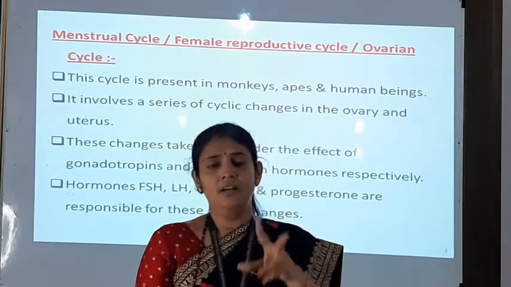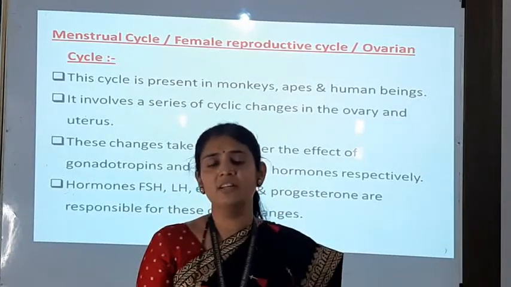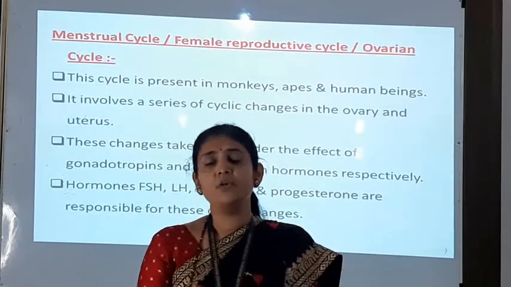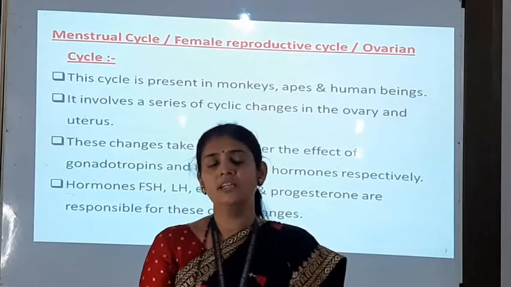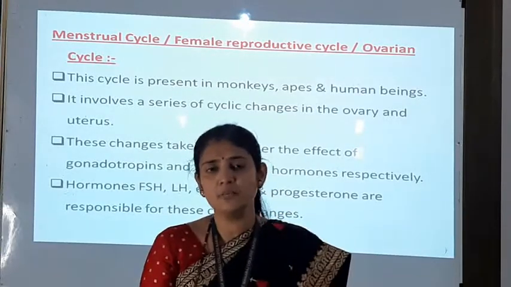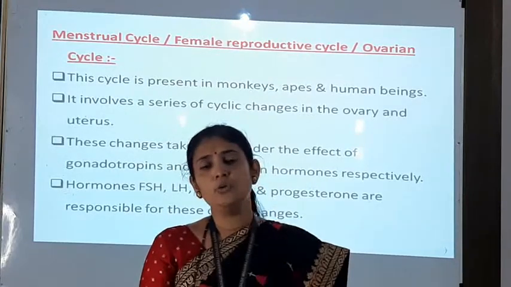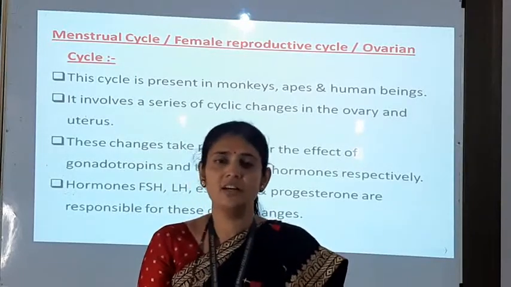So here the 3 parts related to this menstrual cycle are the pituitary gland, ovary and uterus. Pituitary gland hormones act on the ovary, then the ovary secretes some hormones, changes in the ovary take place, and due to the action of ovarian hormones, changes in the uterus take place.